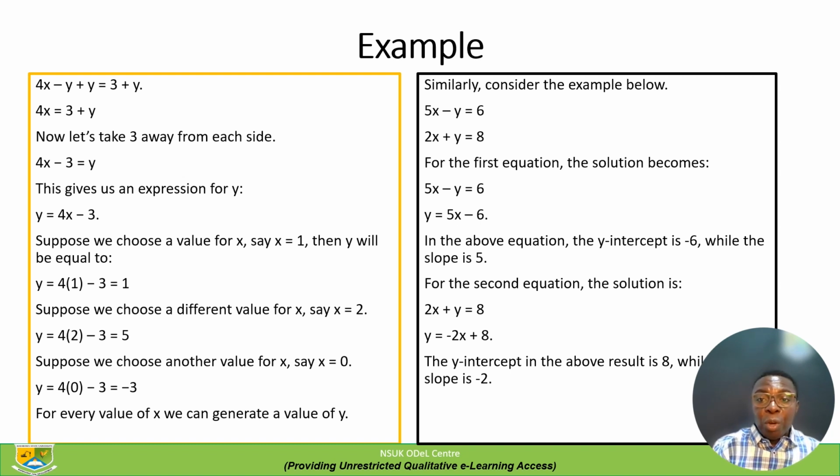For the second equation, 2x plus y is equal to 8, so y is equal to minus 2x plus 8. The y-intercept in the above result is 8 while the slope is minus 2.